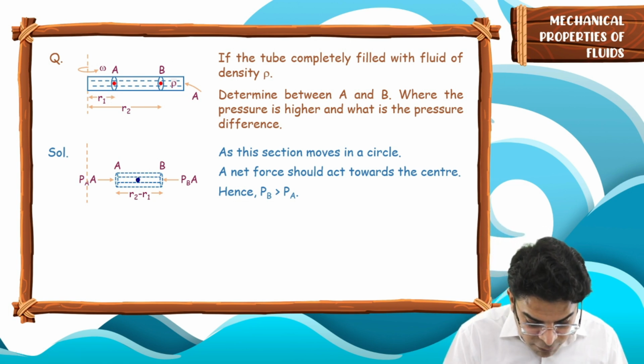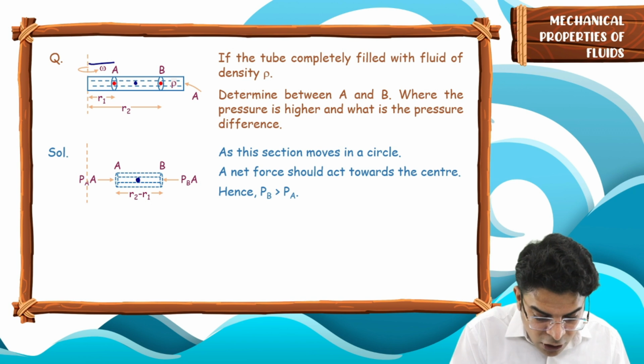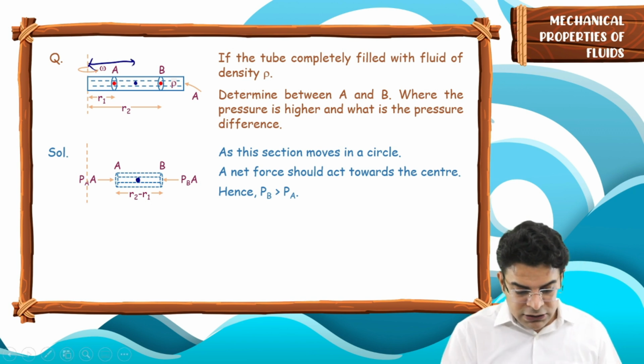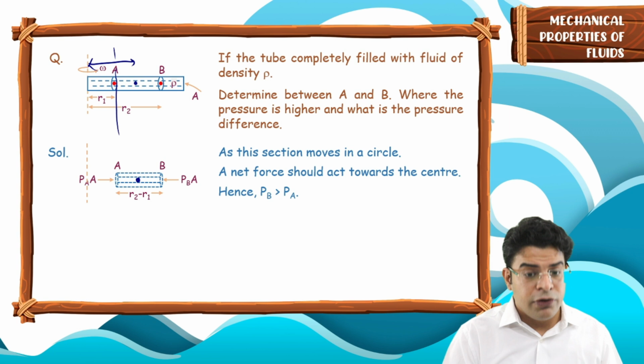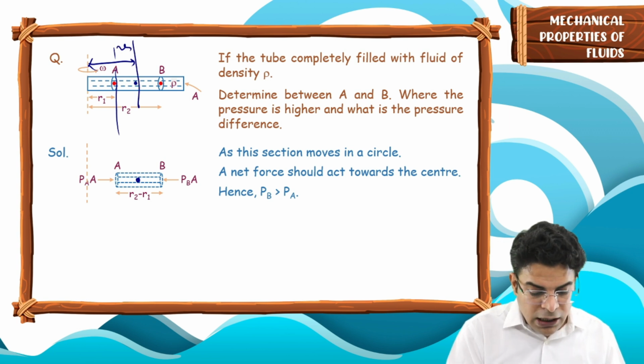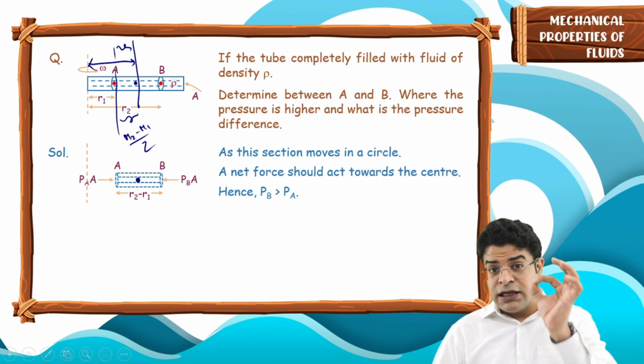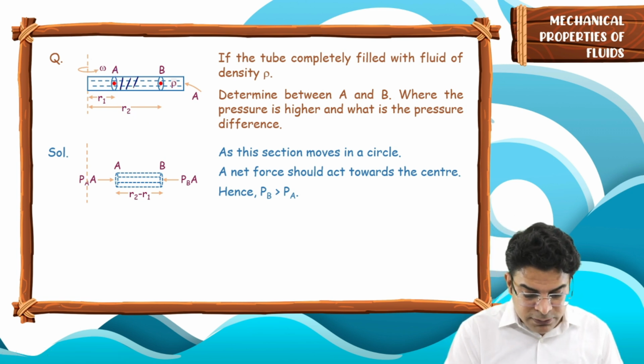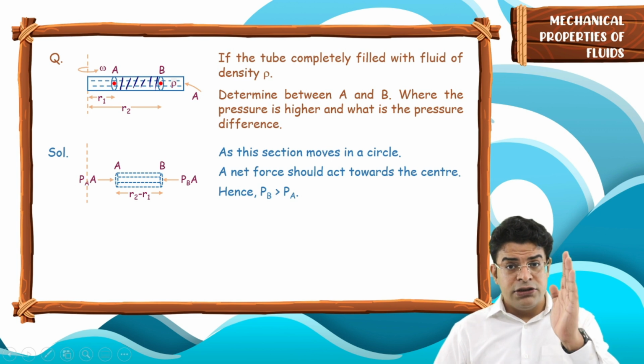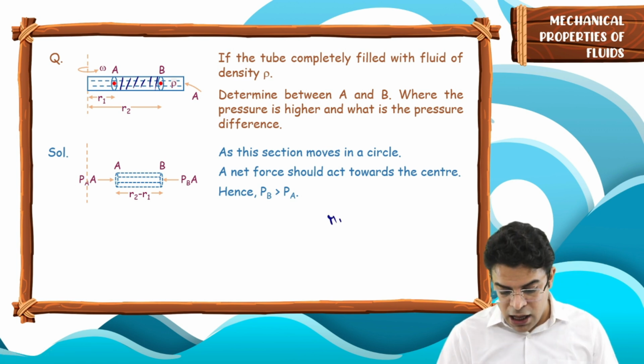And the center of mass of this section will be at how much distance? So you will say this length is r1. And this length from here to here will be (r2 minus r1) by 2. So the distance of the center of mass of this part from the hinge, from the axis of rotation, will be r1 plus (r2 minus r1) by 2.